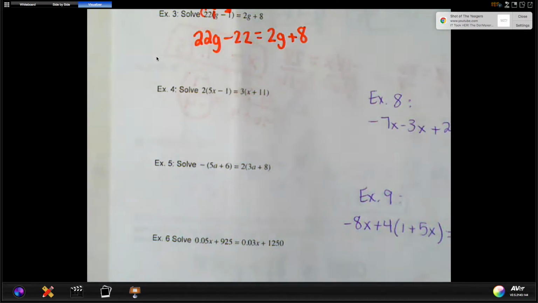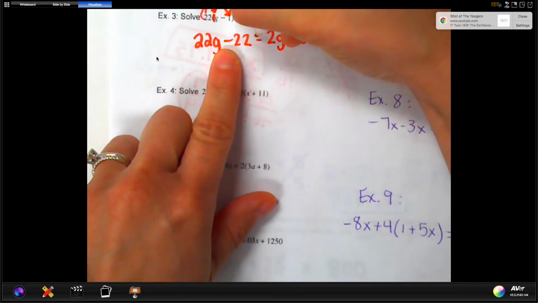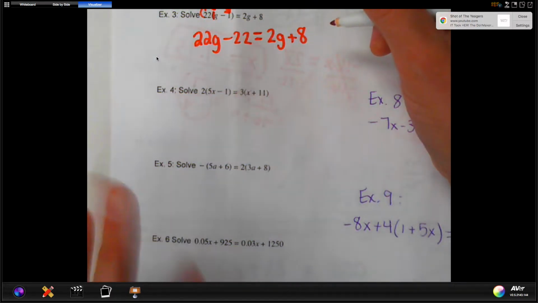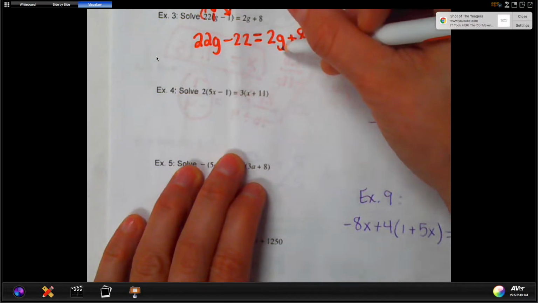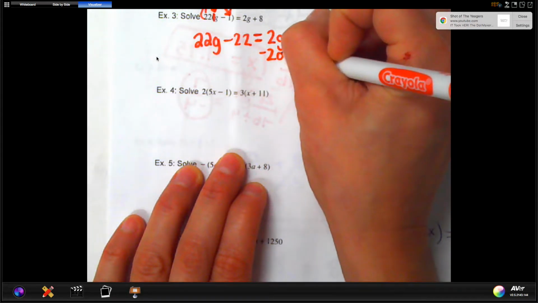Then we have what we had in the last video, which is a variable on either side of the equal sign. There are multiple ways that you can do this. What I like to teach is getting the variable from the right side to the left side. So we're going to cancel the one on the right by doing the opposite.